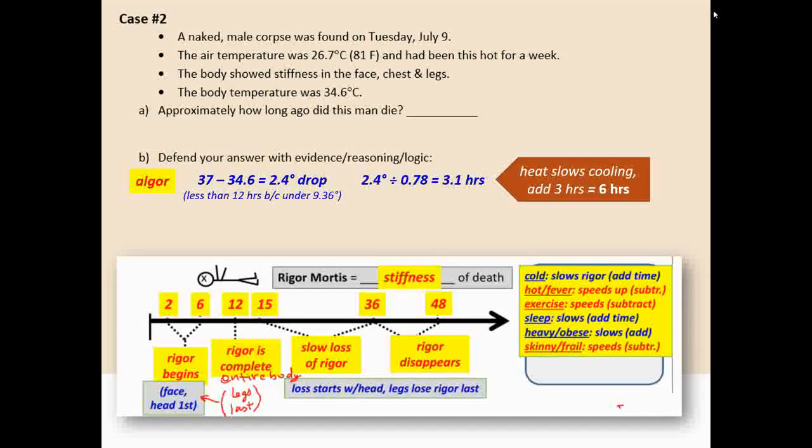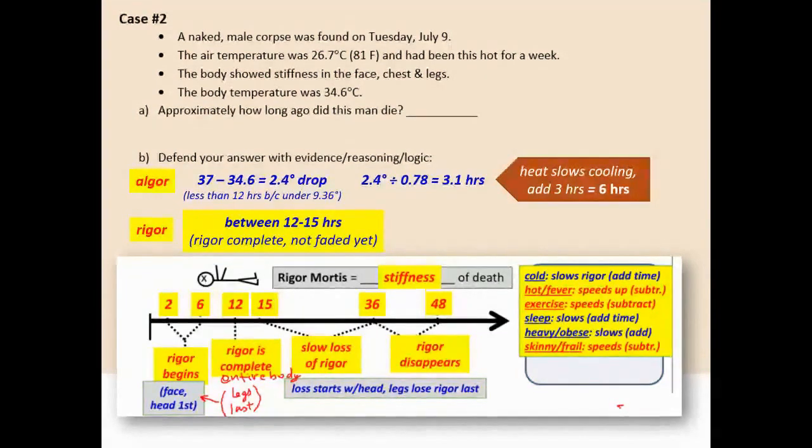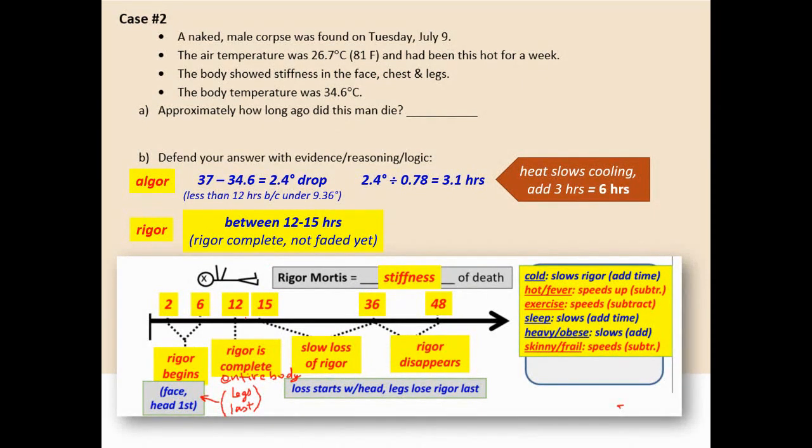Okay? So now we're on to rigor mortis. With rigor mortis, I would say between 12 and 15 hours. The body has stiffness in the face, chest, and legs. It has not faded anywhere. Basically, it's got rigor completely throughout the body, and it hasn't started to fade. So somewhere between 12 and 15 hours. But now, it's a very hot environment.